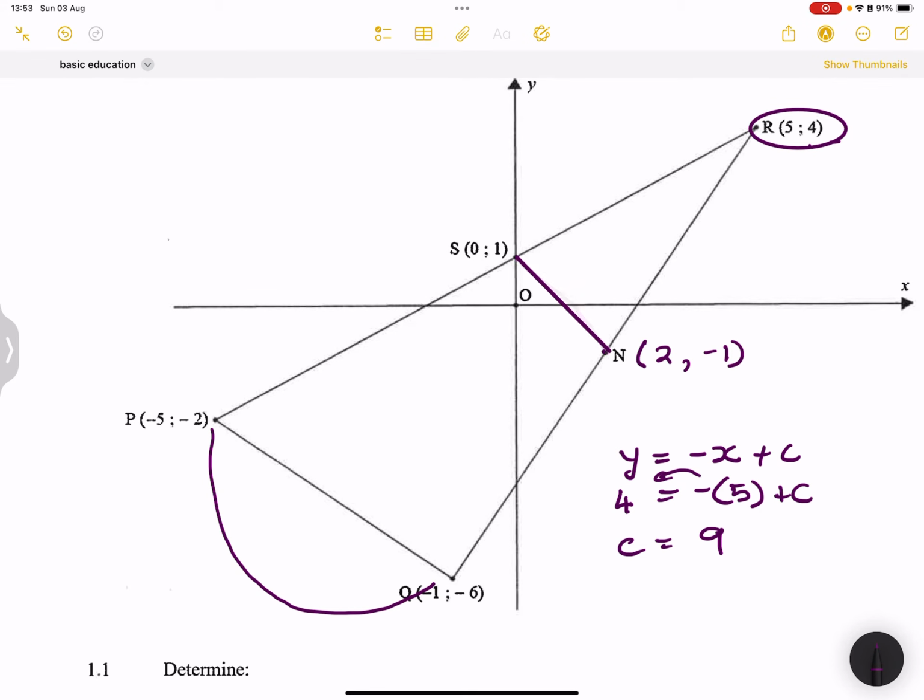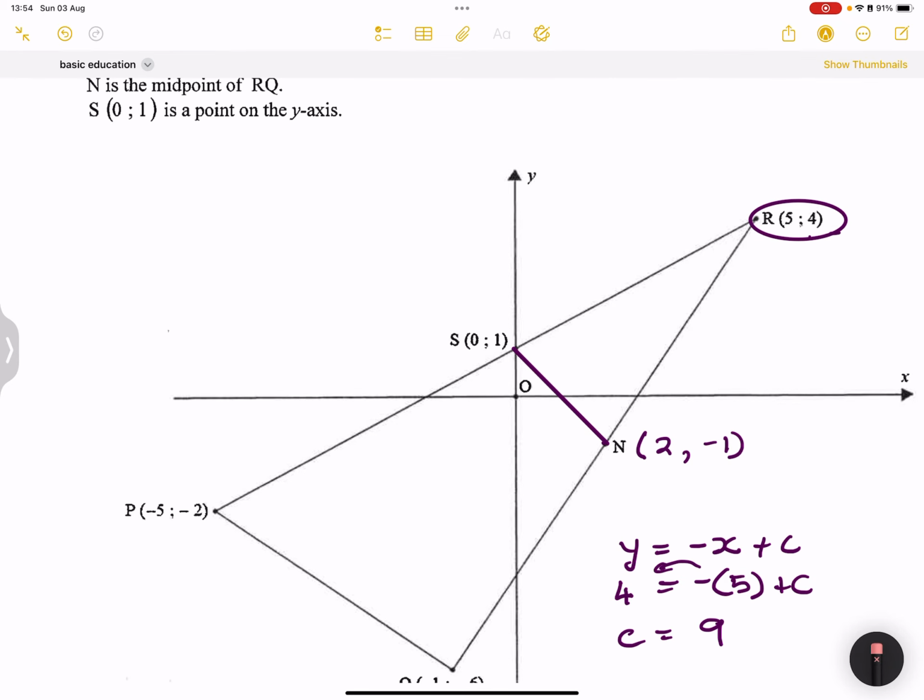Now, ladies and gents, there are different ways in which we can do that. Firstly, I can calculate the distance. So if I calculate the distance SN, and I calculate the distance of PQ, and take the ratio between the two. So let's do that.